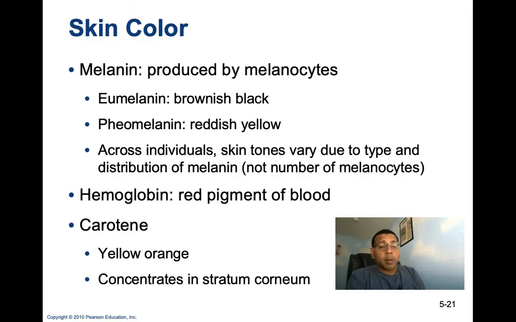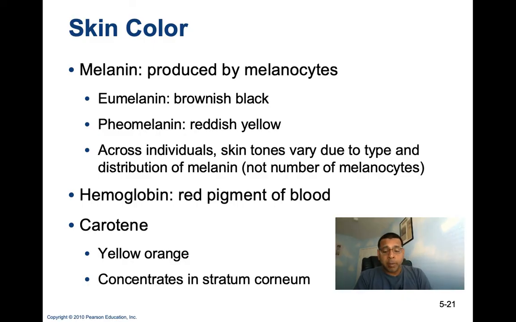Next then is hemoglobin. Hemoglobin is a pigment which contains oxygen, and it's found in our red blood cells. With a lack of hemoglobin in the body, you get a little bit of a pale look.